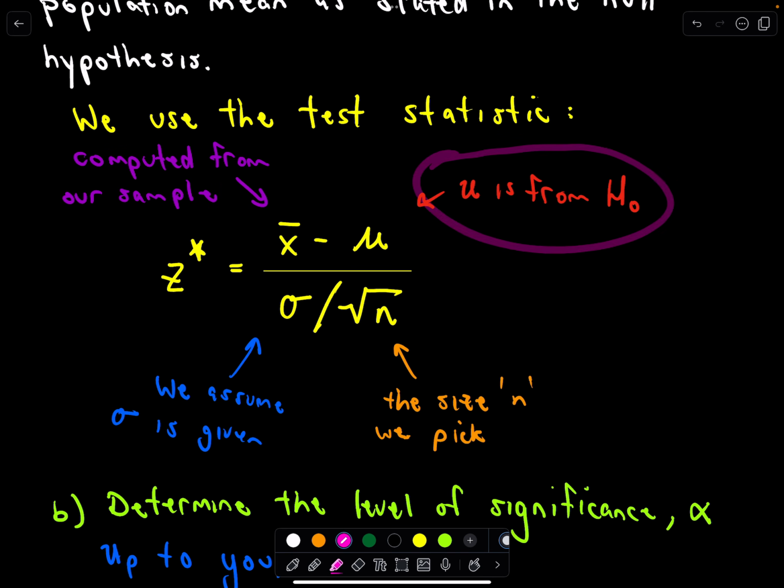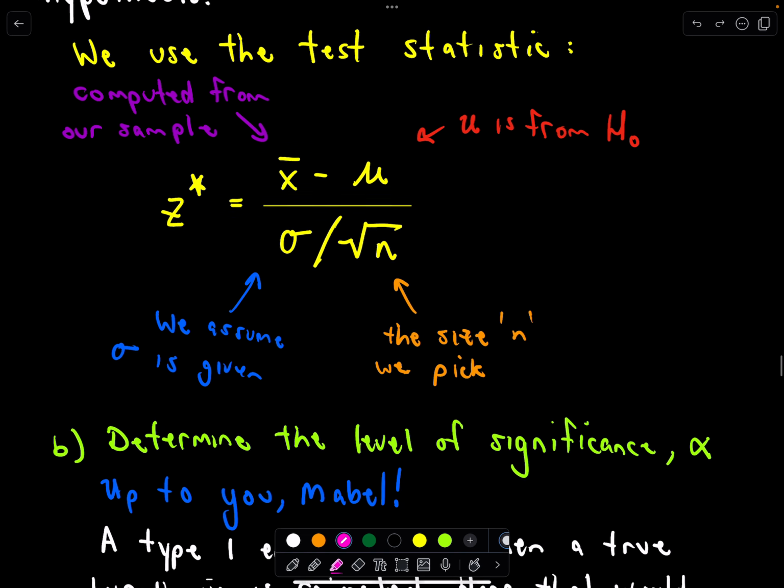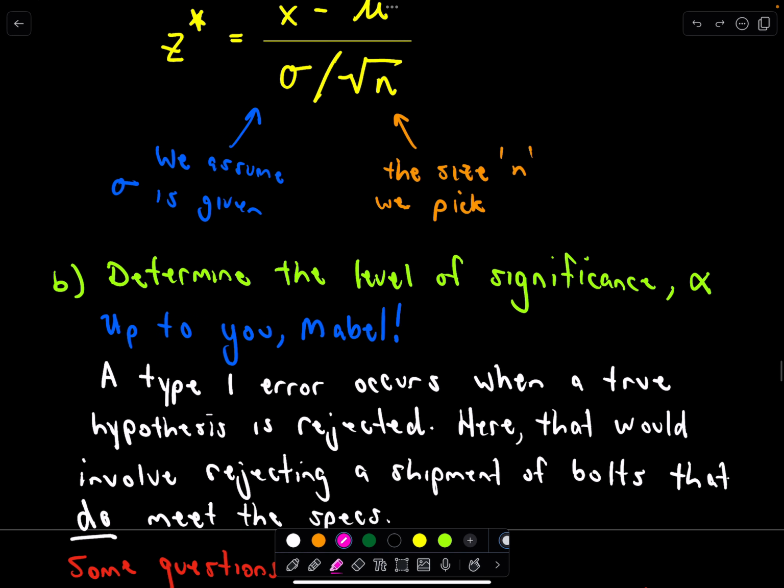That comes from our null hypothesis. Now, we divide that by sigma divided by the square root of n. Sigma is given to us, and we pick the value of n. So all of these values we can compute.